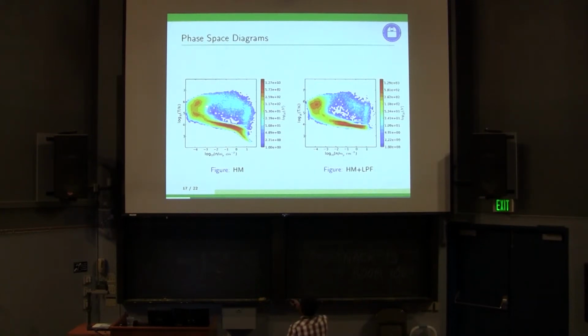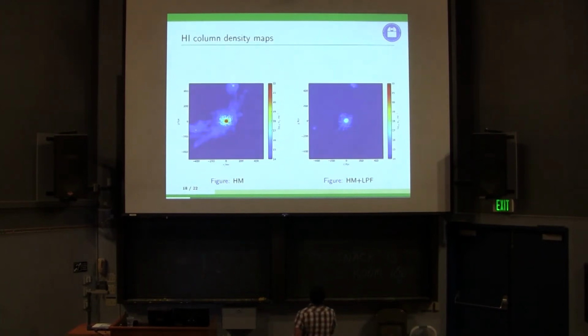And the other important point is that the area in between the halo and the disk is less strongly populated in the run with local ionizing radiation. That's because you do not allow the gas to cool. Your cooling rate is really high.